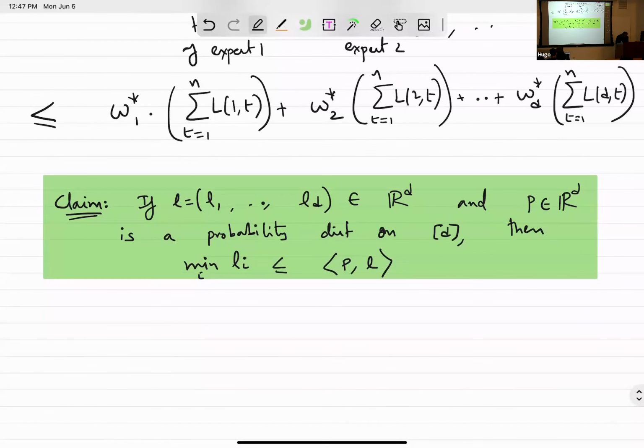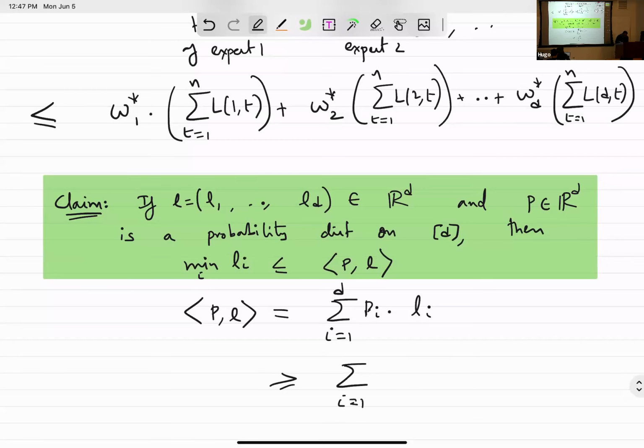And if you want to do it formally, I can say, what is the summation of P comma L? This is summation i equals 1 to D, Pi times Li. Okay. And each Pi is non-negative, right? So I can say this is at least Pi times the min over j of Lj. And by definition, each Li is at least as big as the min.